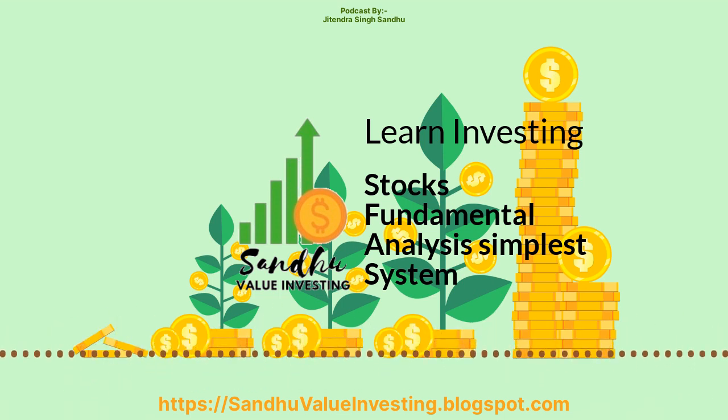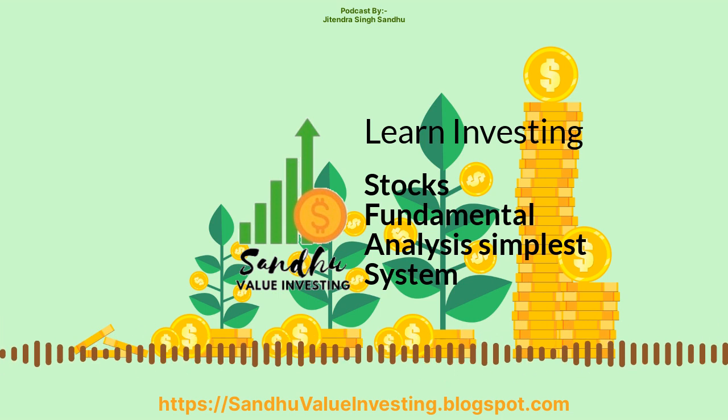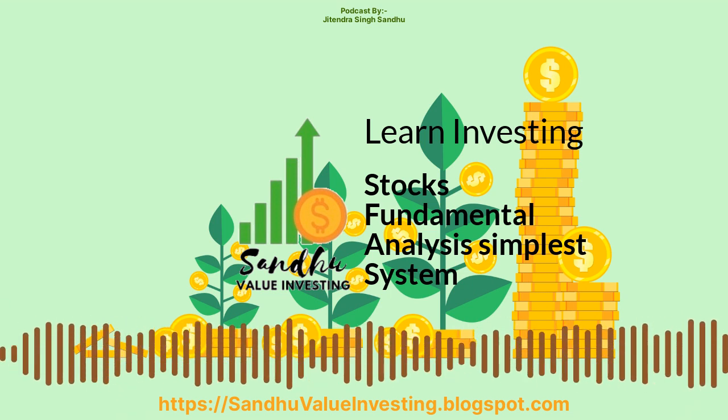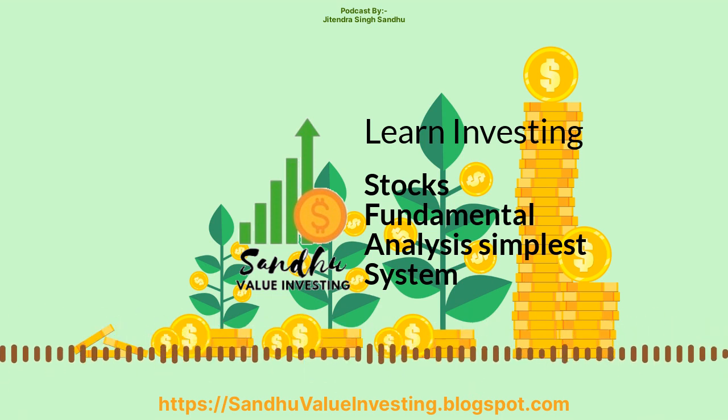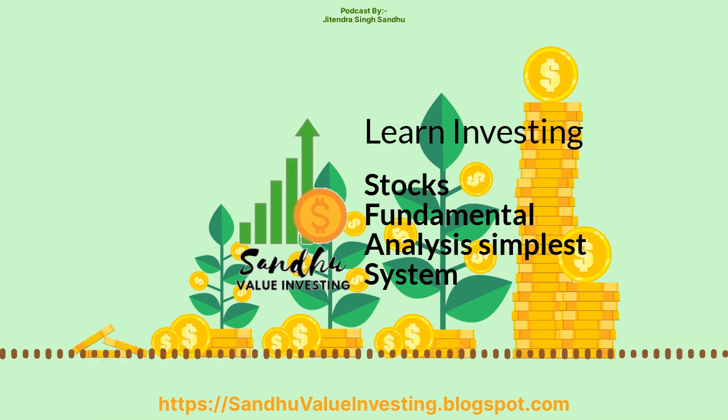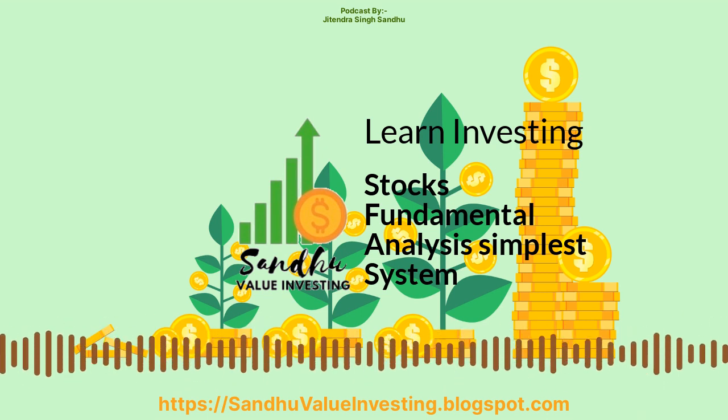If all the ratios suggest that they are going in your direction, that stock is going to become a multi-bagger stock. And if only a few ratios are going in your direction, that is a good stock. But if the maximum ratios, about 60-70%, are going in your direction, that is a good investment and it gives really good returns.